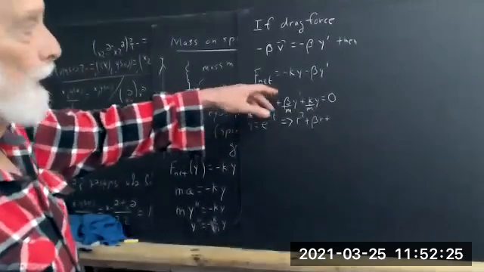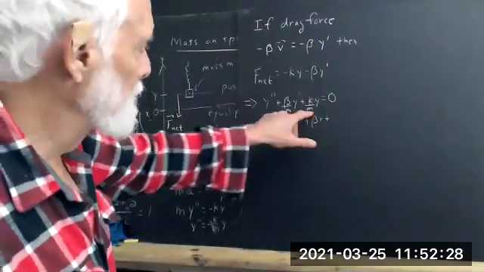It's mass times y double prime equals this, divide through by the mass.